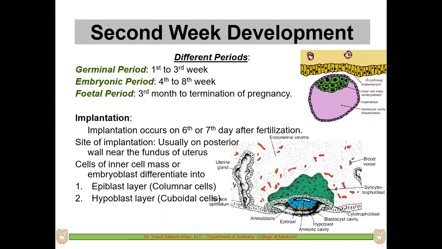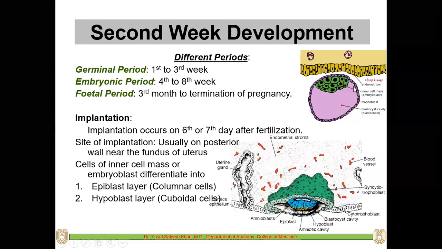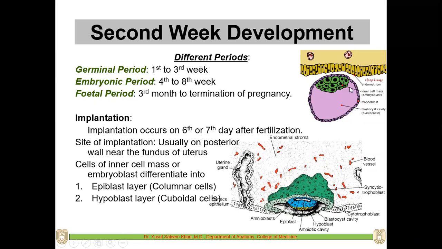So we have seen the implantation of the blastocyst. The outer cell mass later becomes the trophoblast. The inner cell mass is the embryo proper, which becomes the embryoblast.